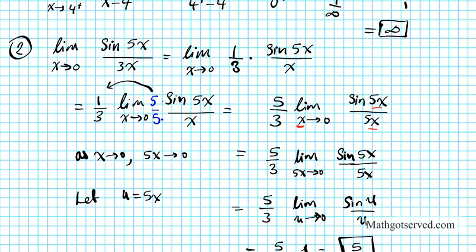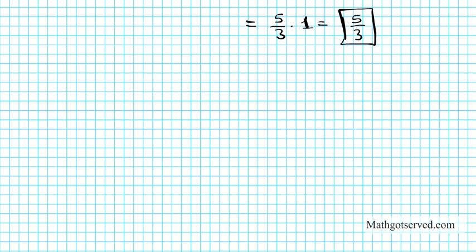Alright, now let's move on to question number 3. In question 3, we're supposed to find the limit as x approaches pi over 2 from the right of secant x.